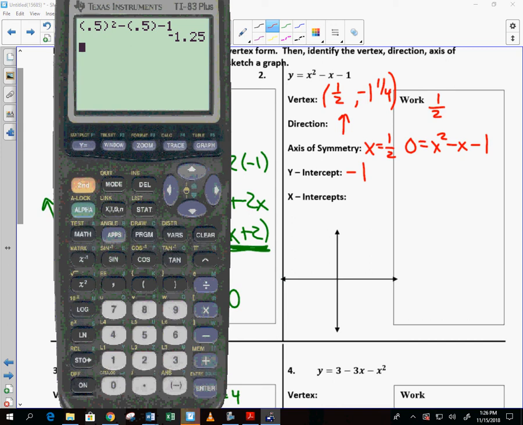We have negative b, so positive 1, plus or minus the square root of. A lot of people made this mistake on the last test. If you take negative 1 and square it, you get positive 1. Every time you square something, it becomes positive. 1 minus 4 times A is 1 and C is negative 1.